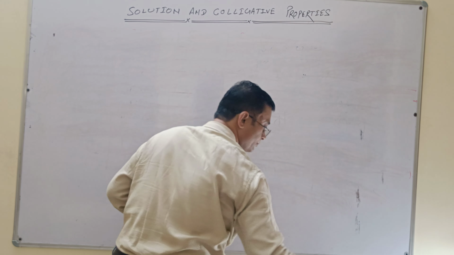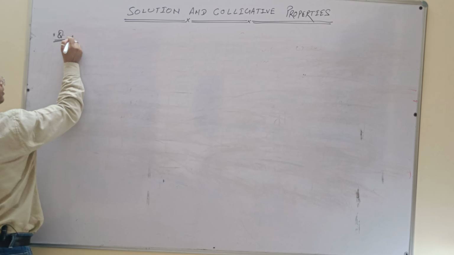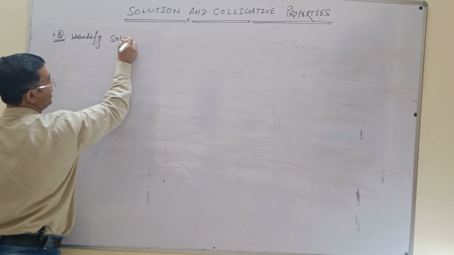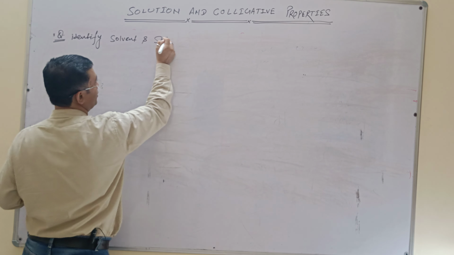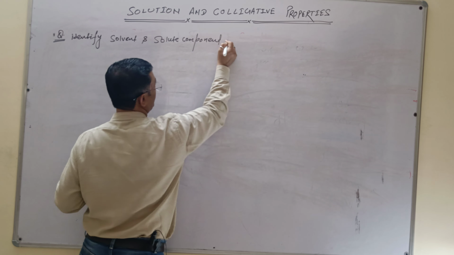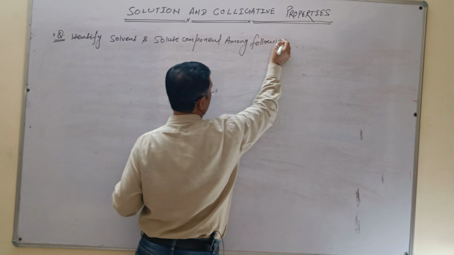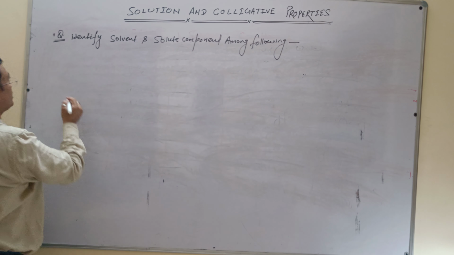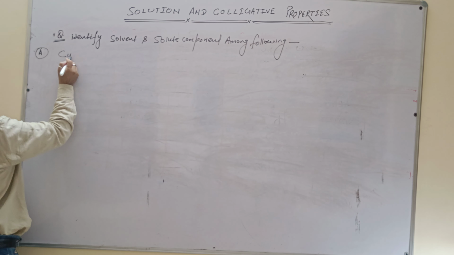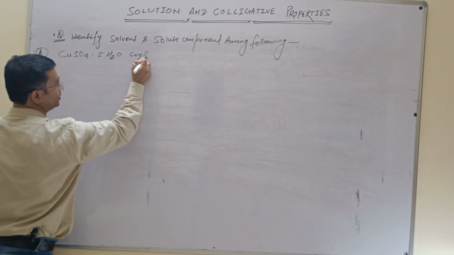The question given here: identify solvent and solute component among the following. The first question is given here: CuSO4·5H2O crystal.